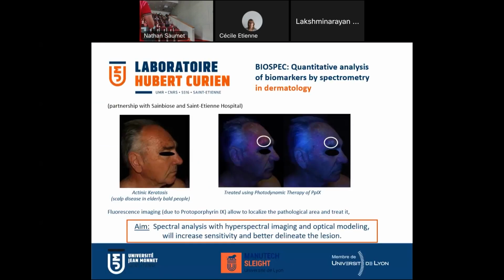Briefly, we're working on two distinct clinical applications, but with the same aim, which is doing quantitative analysis of biomarkers using spectroscopy.